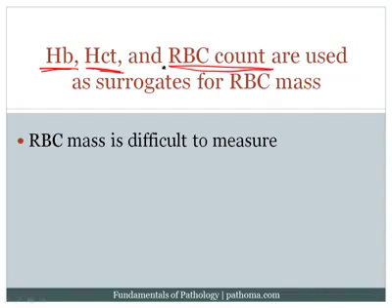And so again, another reason why these are just surrogates. But for our discussions and for the purposes of what we want to consider, I think that the hemoglobin and hematocrit and the red blood cell count are relatively useful for determining red blood cell mass.